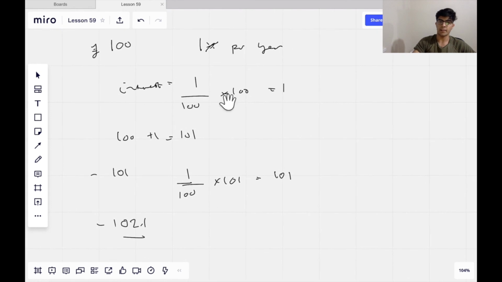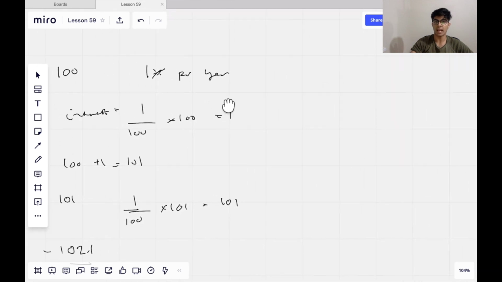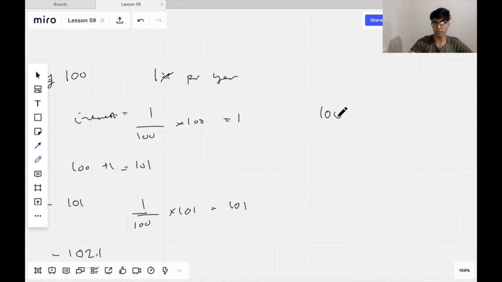So in short, interest will be given to you as a number or as a percentage. If you want to calculate how much has to be paid back after, for example, a year, you do your original value times whatever value you have, so 1.01 in this case.